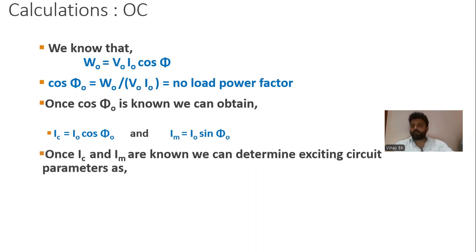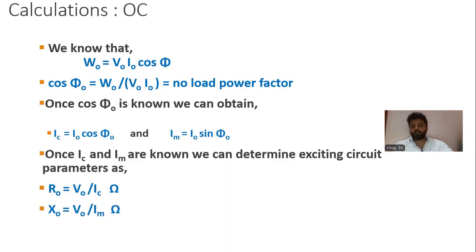Once IC and IM are known, you can determine the exciting circuit parameters, that is R naught. From the equivalent circuit diagram, R naught is given by V naught, the no load voltage, divided by the current flowing through the no load resistor, that is the core loss component. So R naught is V naught divided by IC. Similarly, X naught is given by V naught divided by IM.